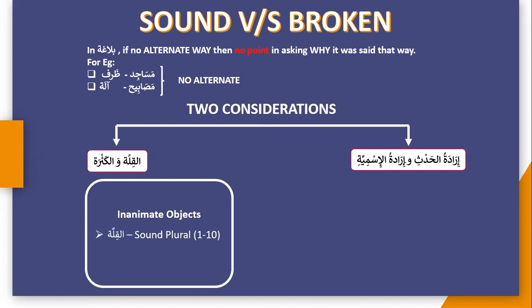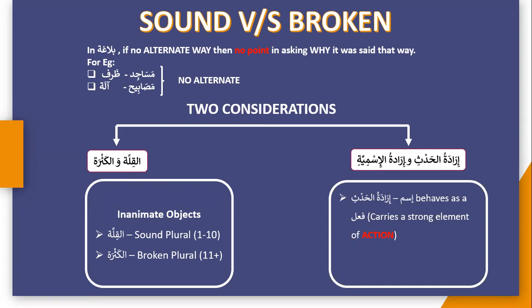Sound plural is called al-qilla, which usually indicates one to ten, a lesser quantity. Al-kathra usually indicates broken plural, which is eleven plus, more in quantity. Also, in iradatul hadathi, the ism behaves as a fa'il, meaning there is a strong element of action in it.